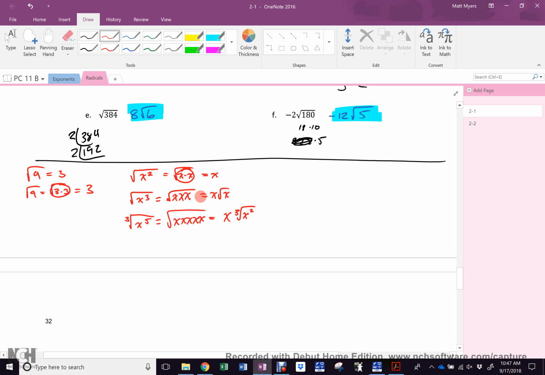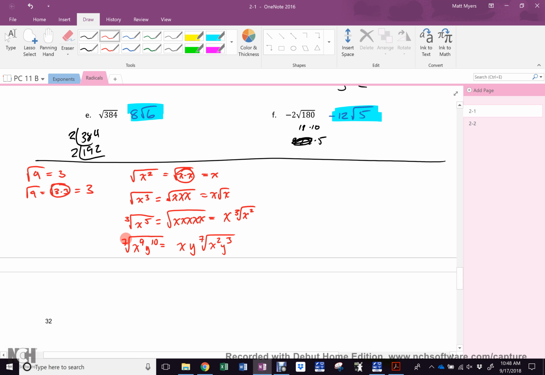So what then is the 7th root of x to the 9th, y to the 10th? X squared and just x, squared. x, y, 7th root, x squared, y cubed. Is everybody good?